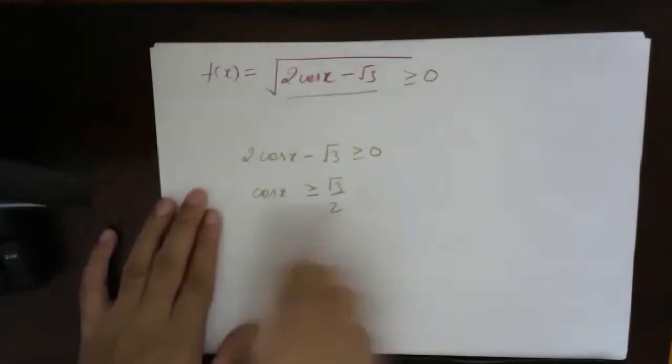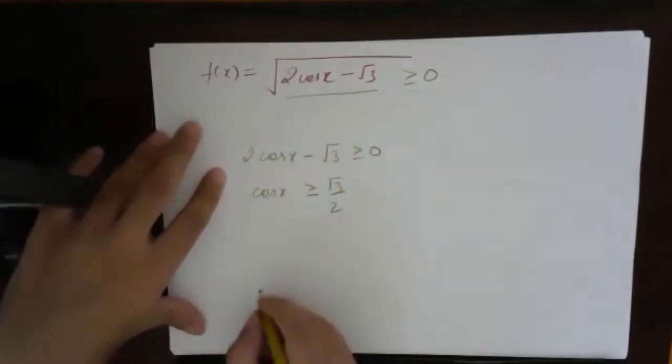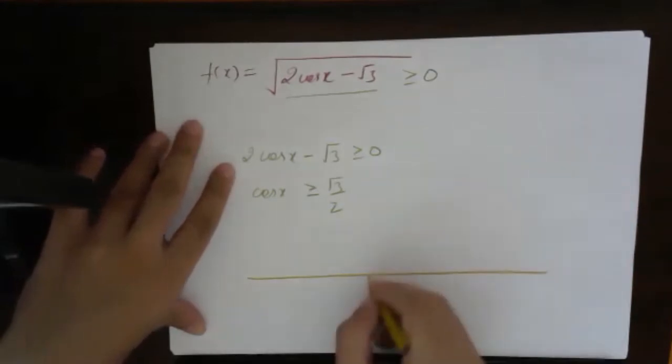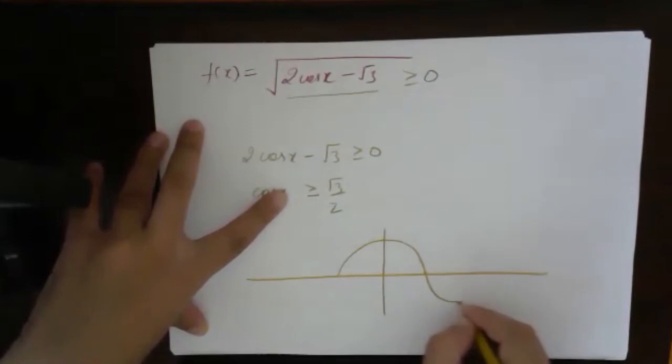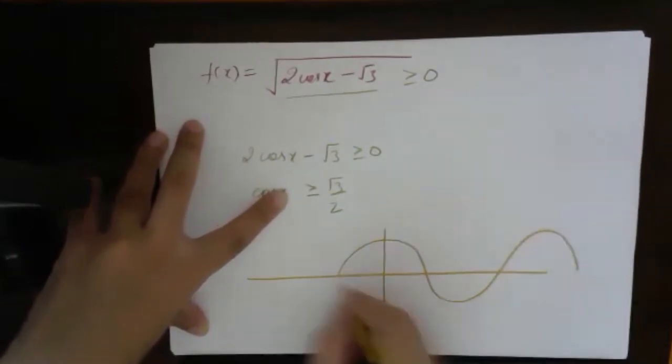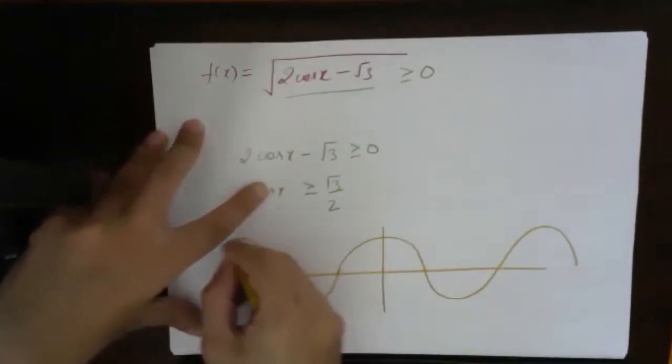Now for this one, let's first draw the cos x curve. So cos x is something like this. Right?